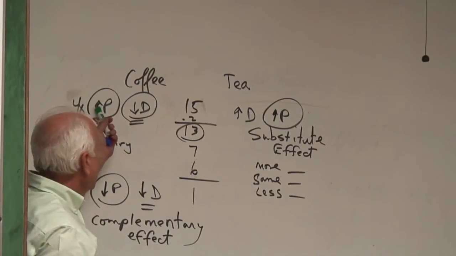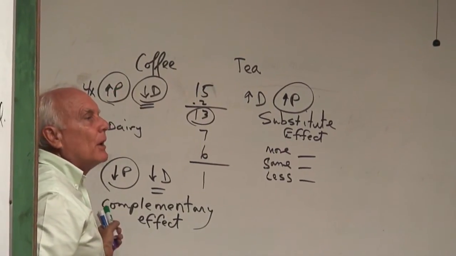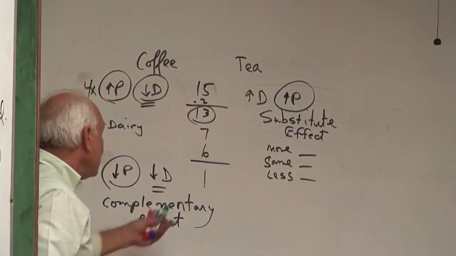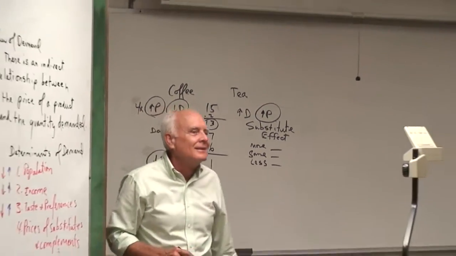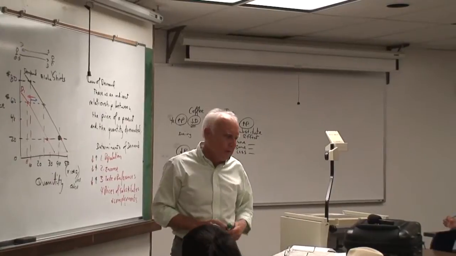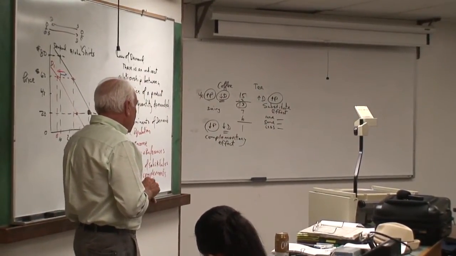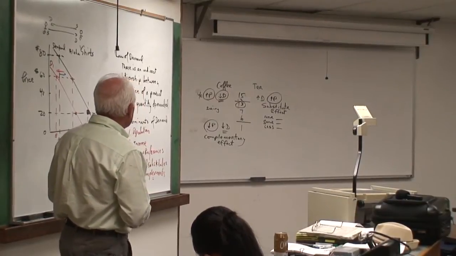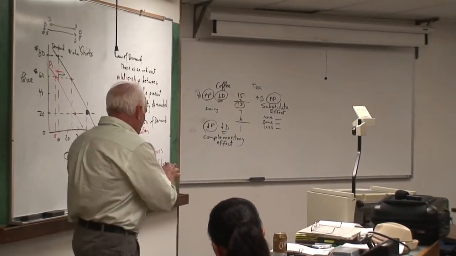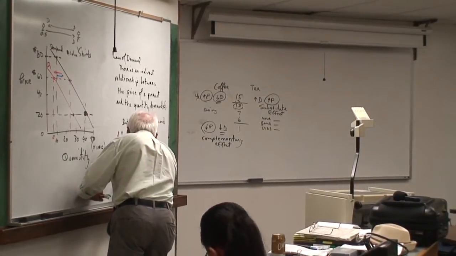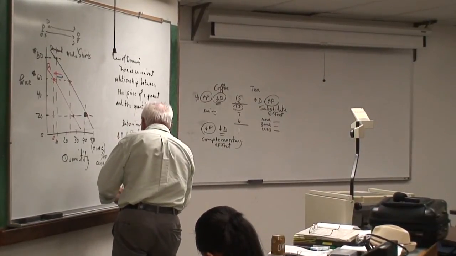So if the price of this product goes up, the price of the complement goes down, assuming that this one person is putting less cream in tea than they had in coffee. Any question about that?